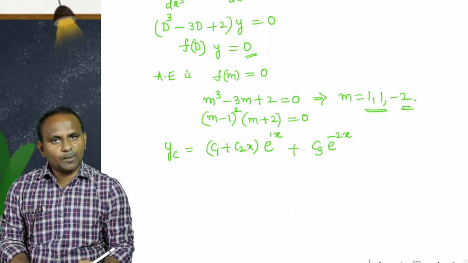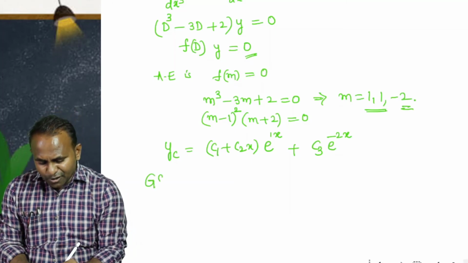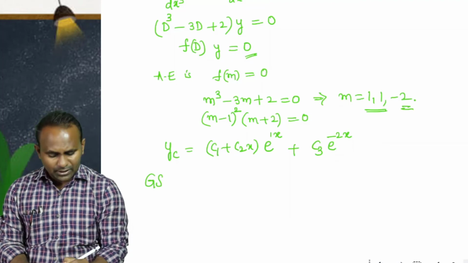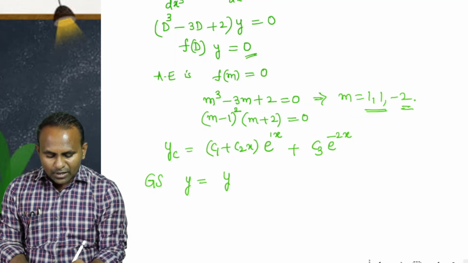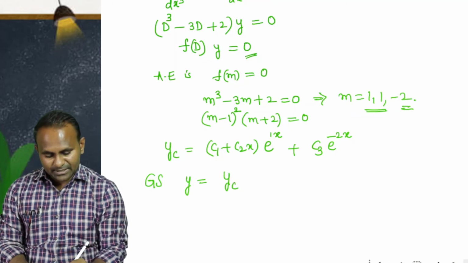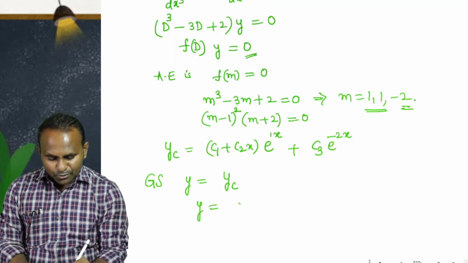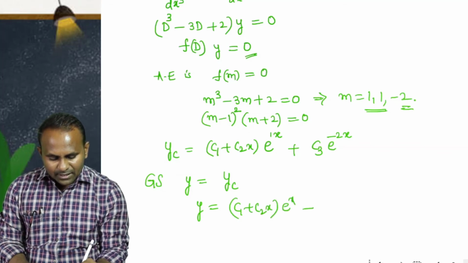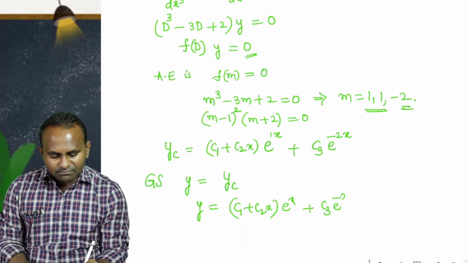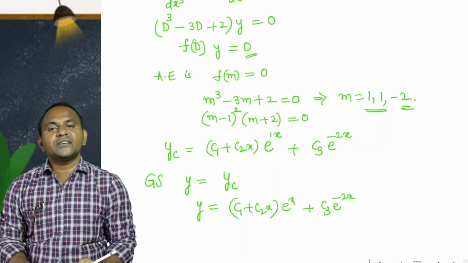That is the complementary function. The general solution is y equals only the complementary function, because it is homogeneous. That is y equals (c1 plus c2 x) e to the power x plus c3 e to the power minus 2x. This is the repeated roots case.